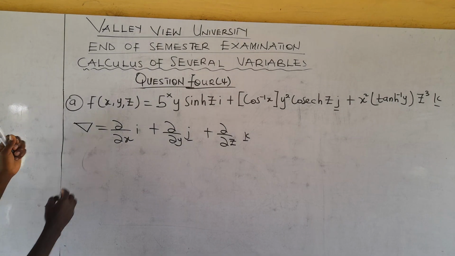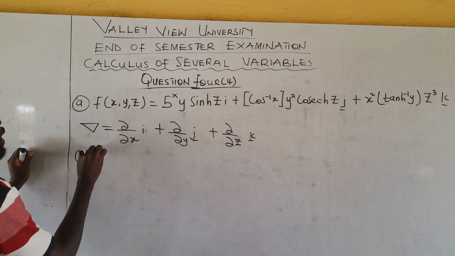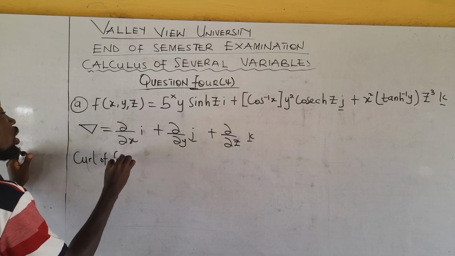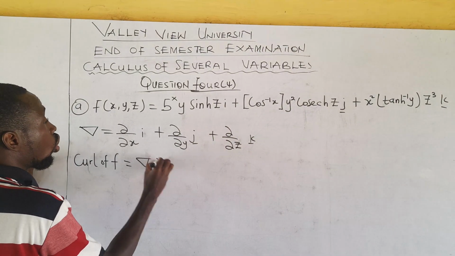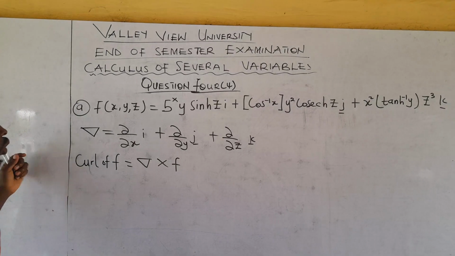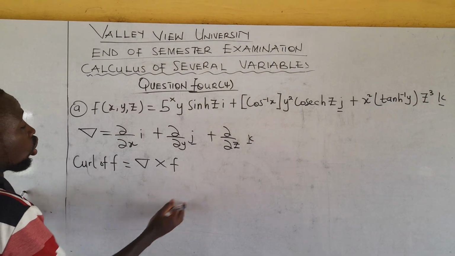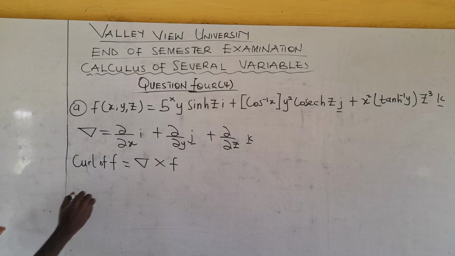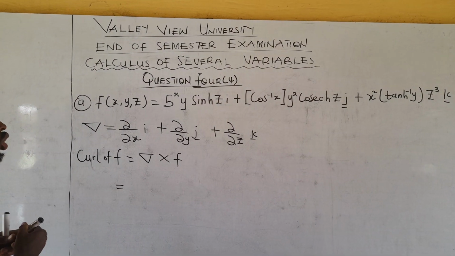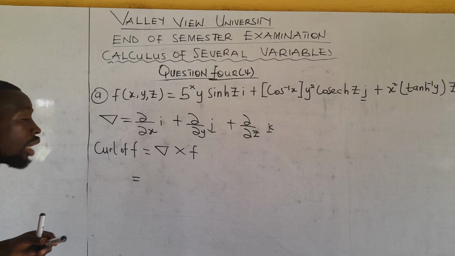And so the curl of f is just the differential operator cross f. And we say that the cross product of two vectors is just the determinant of a 3 by 3 matrix.